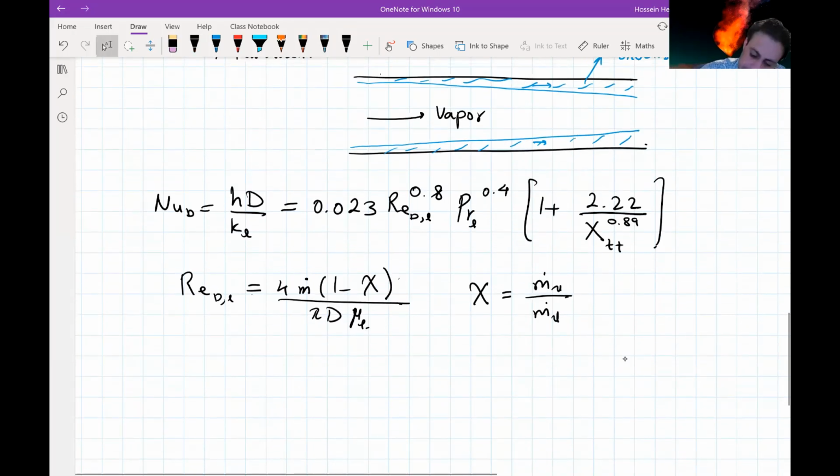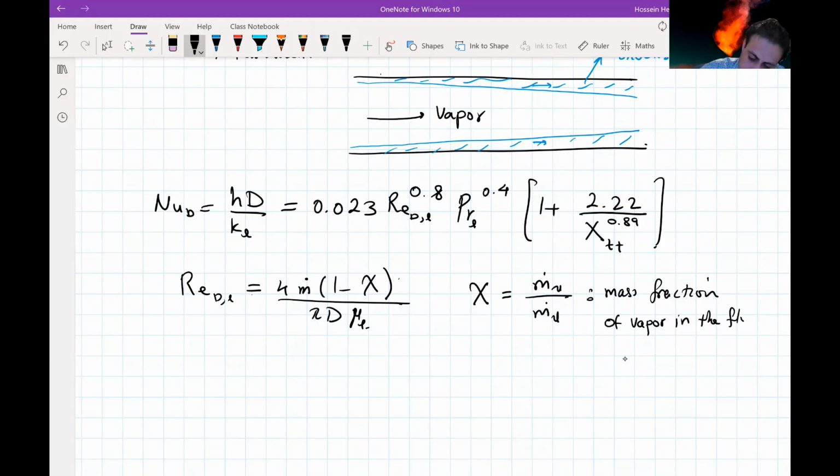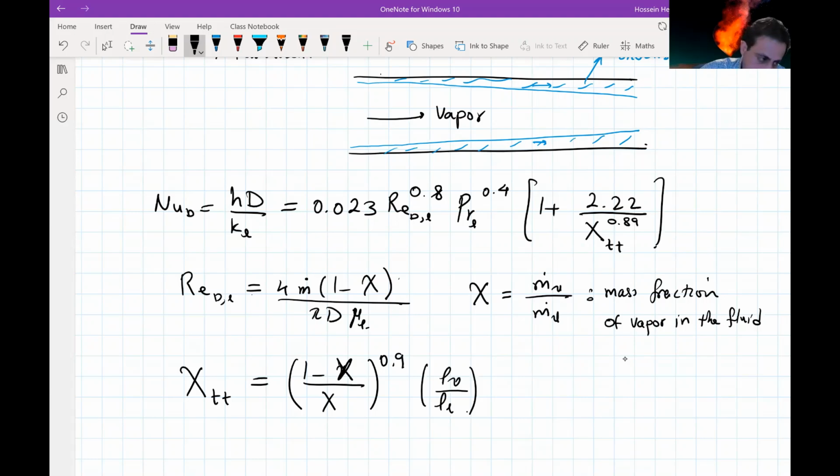So this is the mass fraction of vapor in the fluid that is passing, and X_tt is going to be [(1 minus x) divided by x] to the power of 0.9, times (rho_V over rho_L) to the power of 0.5, times (mu_L over mu_V) to the power of 0.1, where x is the quality.